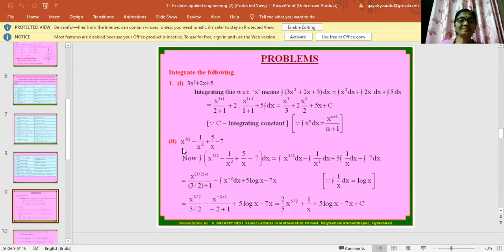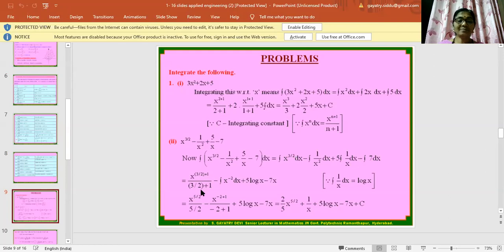Come to next one. X to the power of 3 by 2 minus 1 by x square plus 5 by x minus 7 is the function given to you. Now integral of this given function with respect to x equal to, as above, you can split each term separately and take the integration. So x to the power of 3 by 2 is x to the power of n form.